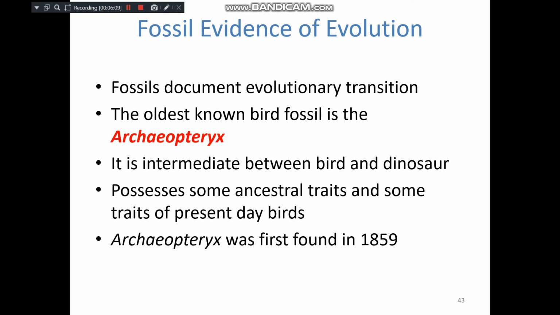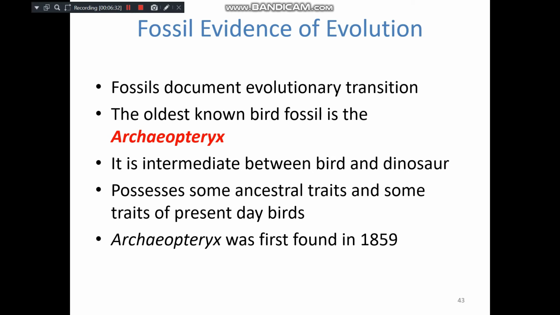This Archaeopteryx is considered the connecting link between birds and reptiles, for the very simple fact that they show the intermediate characteristic features of both. They possess some ancestral traits of the reptiles as well as some modern traits of present-day birds.